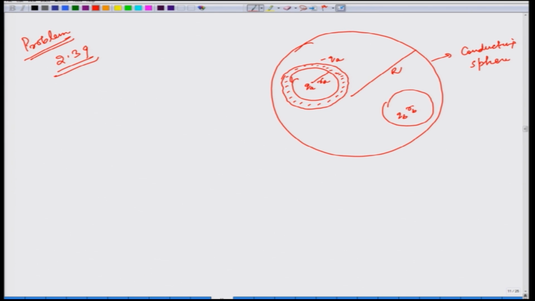Similarly here, this plus QB will again attract negatively charged electrons from the conductor such that the surface charge here will be exactly equal to minus QB.